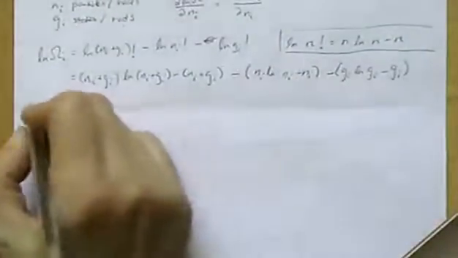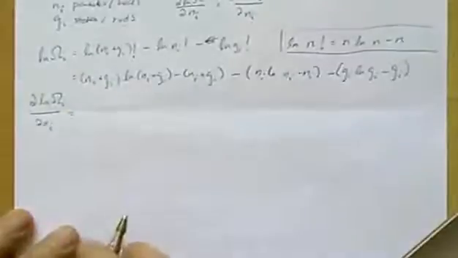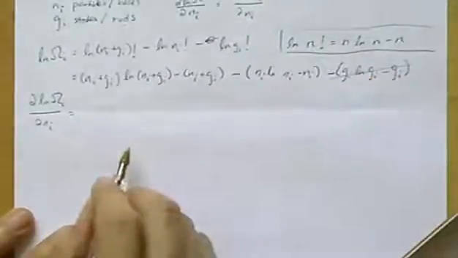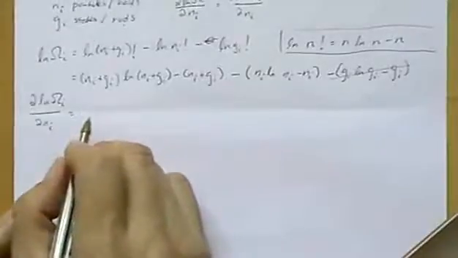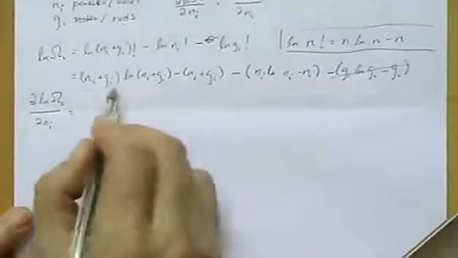Okay, now we are ready to differentiate by ni. So let's notice that that term does not depend on ni at all, so that becomes 0 when we differentiate. Now let's deal with this. When I differentiate, that's a product, so I'll start with differentiating that.